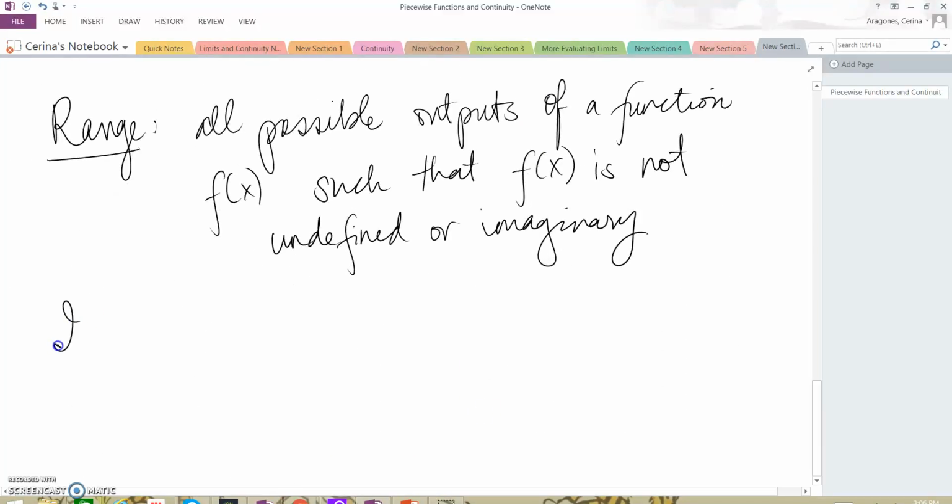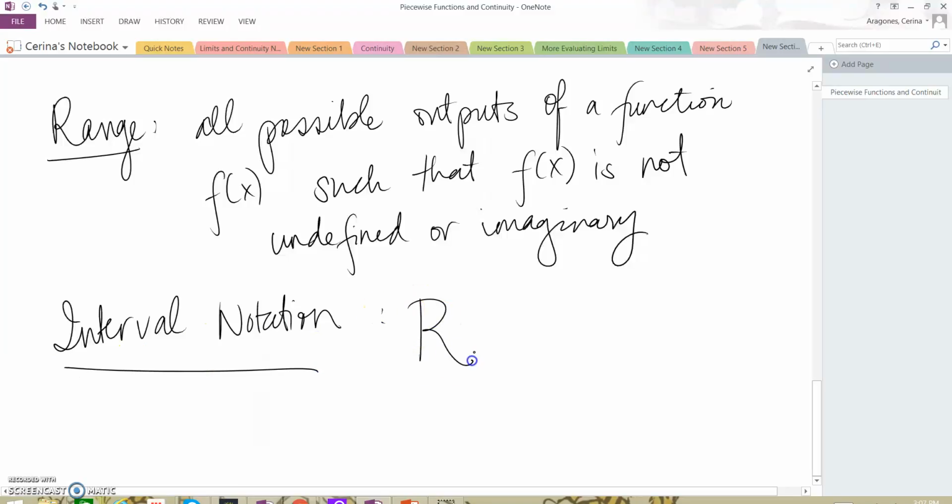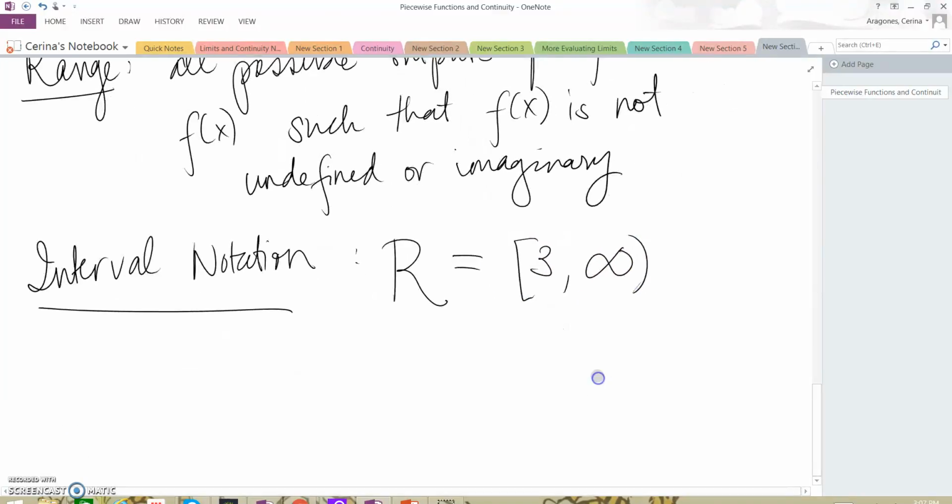So interval notation for range is a big R. Let's say all my possible outputs are 3 to infinity. So that's the interval in which all my outputs belong.